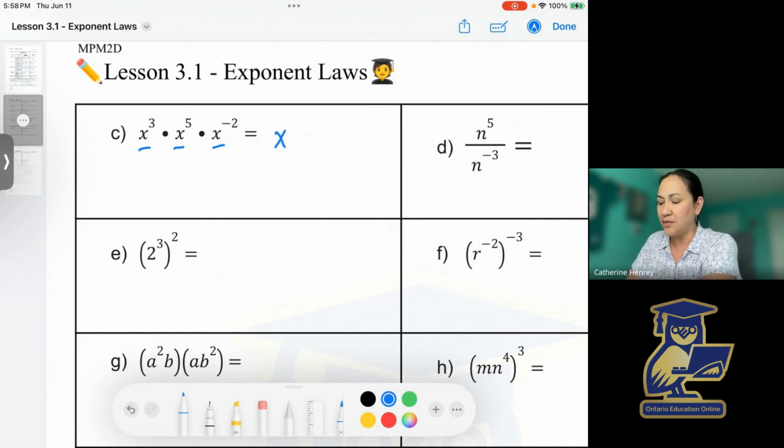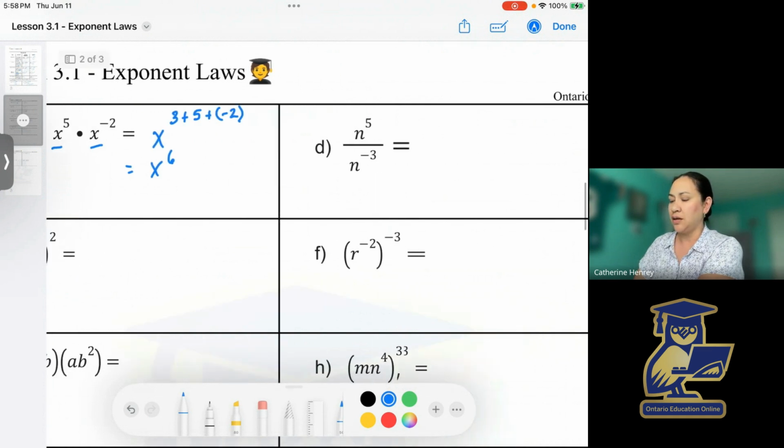So this is going to be x to the power of 3 plus 5 plus a negative 2. So if I simplify that, I'll have x to the power of 3 plus 5 is 8, and then minus 2, this is 6. Okay, and again, this one ends up with an exponent that is positive. It's positive 6, but we want to make sure that any of our answers have all positive exponents.